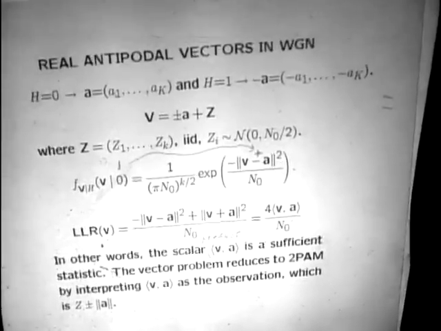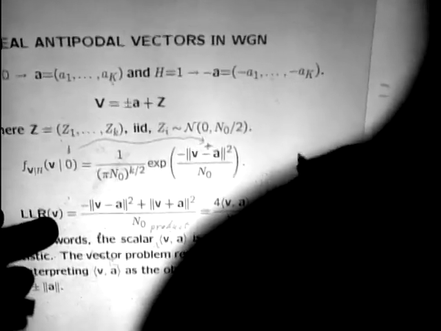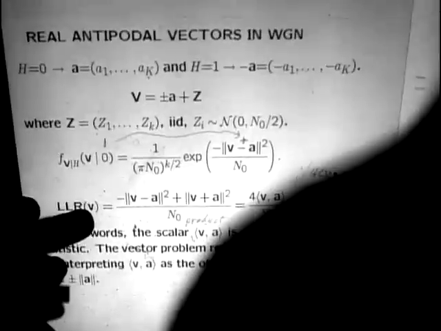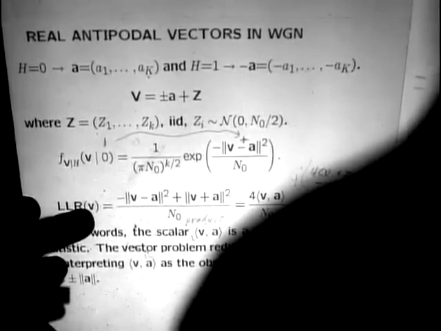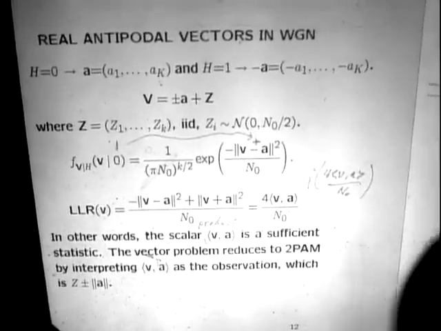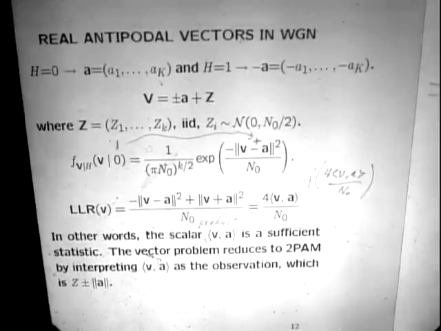So it's Q of the square root of 4VA divided by N0. Okay? So that's the maximum likelihood error probability.